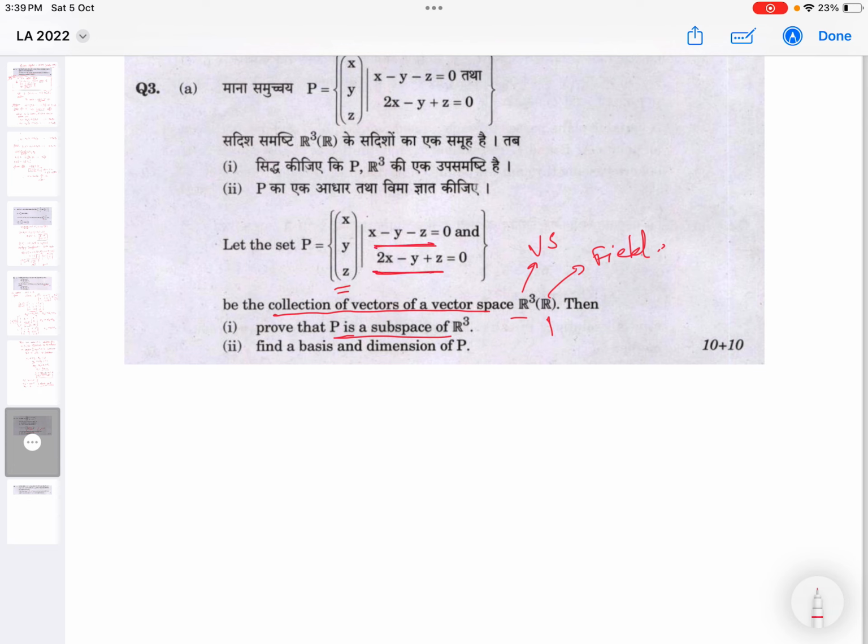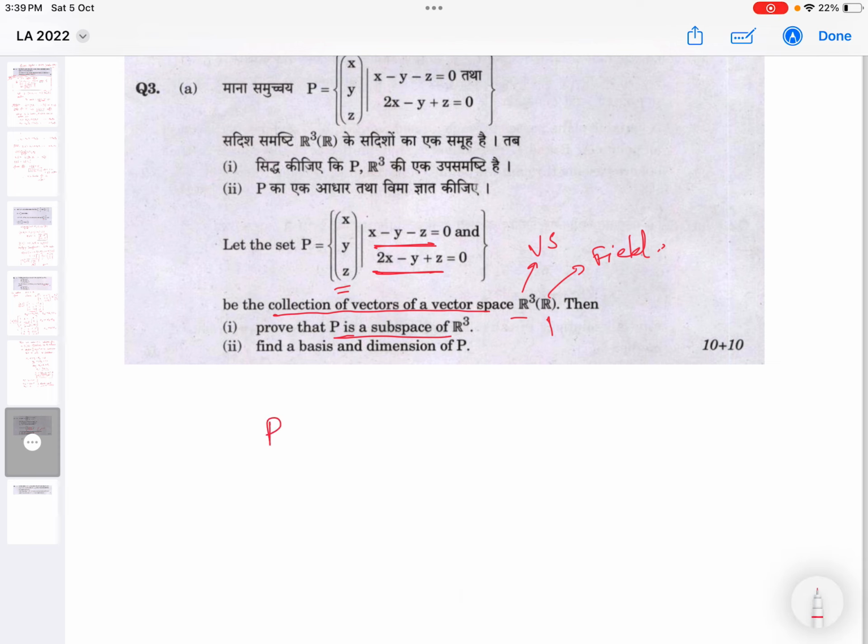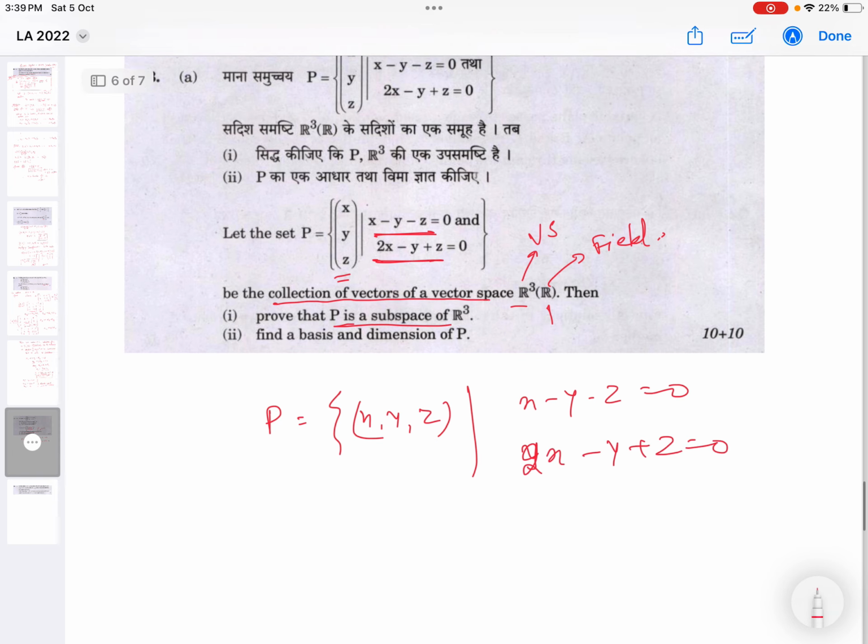So P would be x, y, z, such that x minus y minus z is equal to 0, 2x minus y plus z equals to 0. ठीक है.